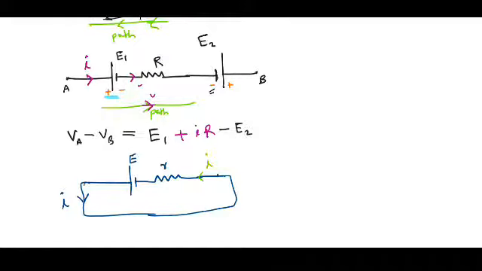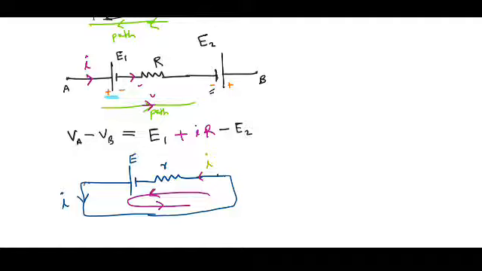Then first I have to choose a path. The path I consider along this direction. Okay. Then now I am going to write the equation for the voltage. The current and the path are along the same direction.